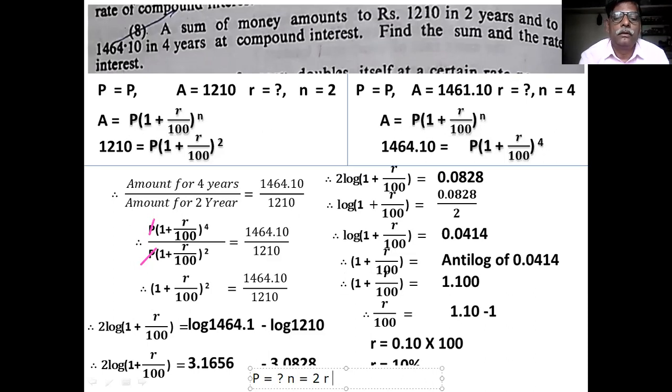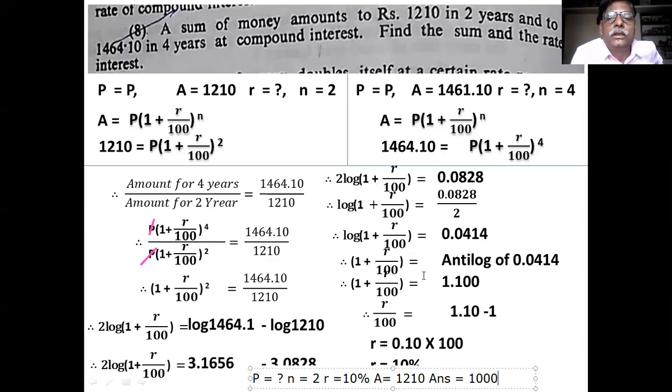Then R is equal to 10%. Then A is equal to 1210. With this information, you calculate the P value. Your answer is 1000. You calculate it. Your answer must be 1000.